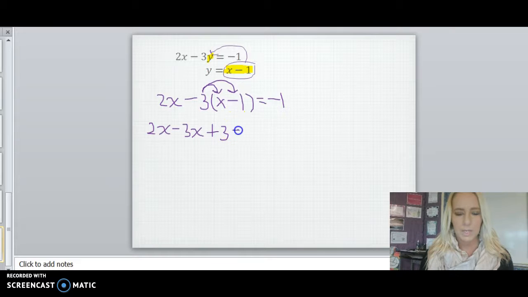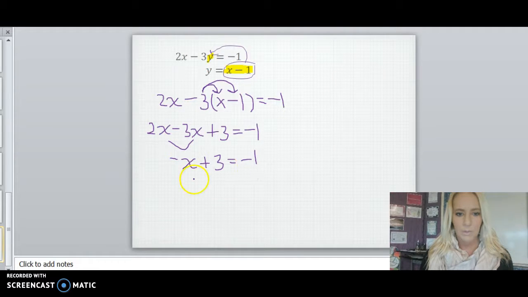Which is equal to negative 1. I'm going to combine any like terms. So 2x minus 3x is negative 1x, or just negative x, plus 3 equals negative 1.